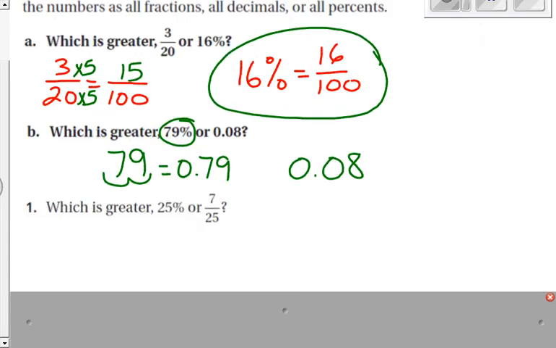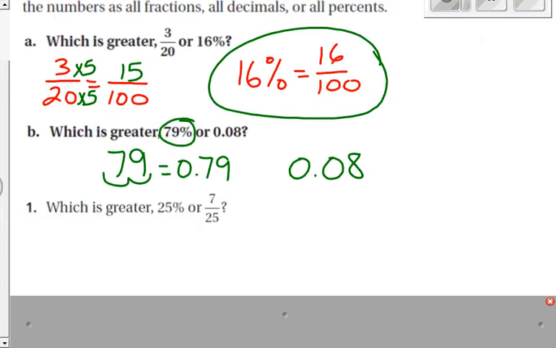Our next problem says, which is greater, 25% or 7 over 25. Again, we have a fraction, so we want to keep it as a fraction. We want to change 25% to a fraction. And 25% as a fraction is 25 over 100.